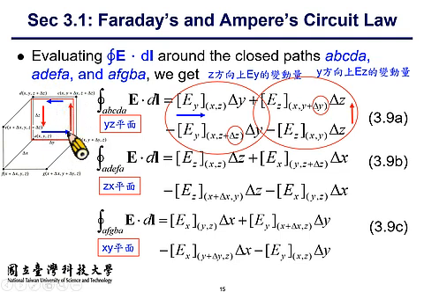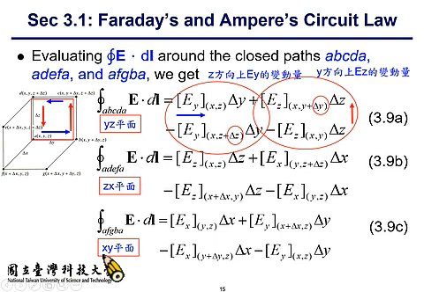This one is going to the right, this one is going to the left, this one is pointing upward, and this one is pointing downward. So you have the minus sign here. And you can do the same for the other two closed square loops, which are on the zx plane and the xy plane.